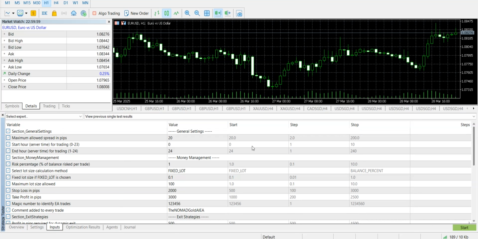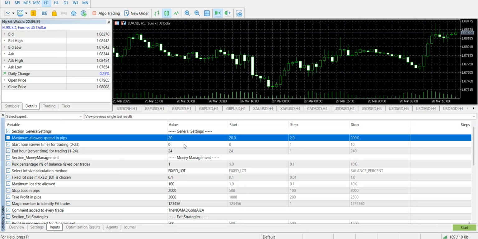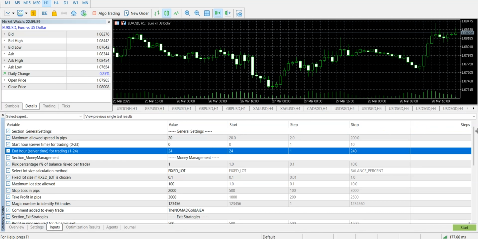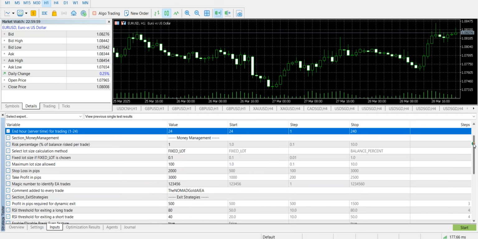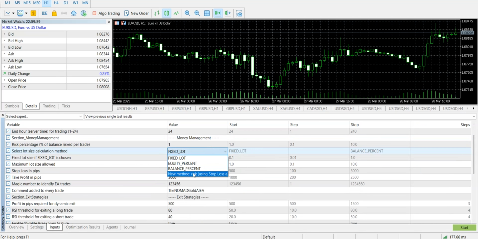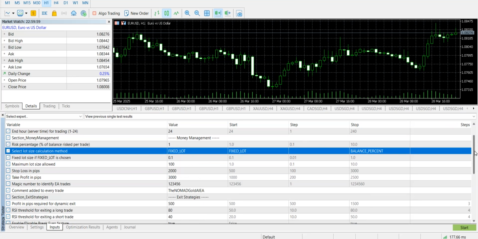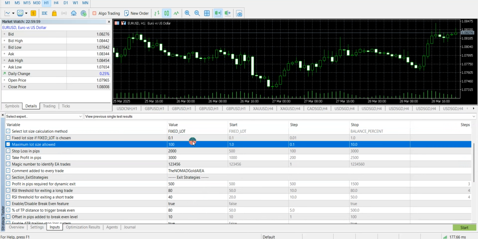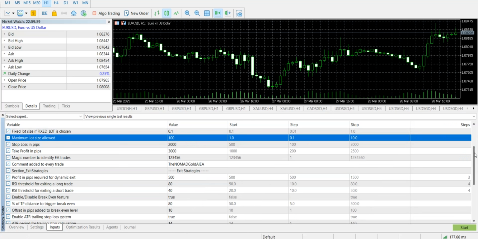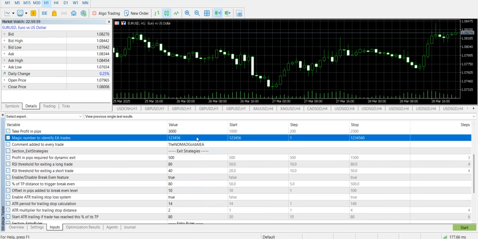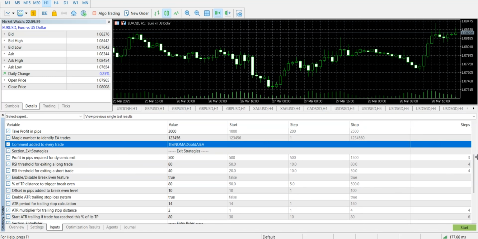So the strategy is very simple. First of all, we have some global features like max spread, trading hours, risk percentage, lot size calculations based on 4 methods, my favorite methods. We have max lot size, stop loss, take profit, adjustable magic number, trade comment.